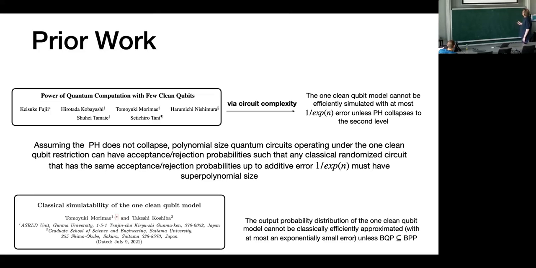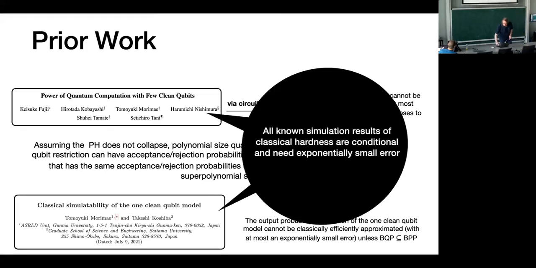So then there's another result which says that you cannot efficiently approximate the output probability distribution, again with at most exponentially small error, unless PQP is in BPP. So all these hardness results, and there are others, have exponentially small error and they rely on some complexity assumptions.